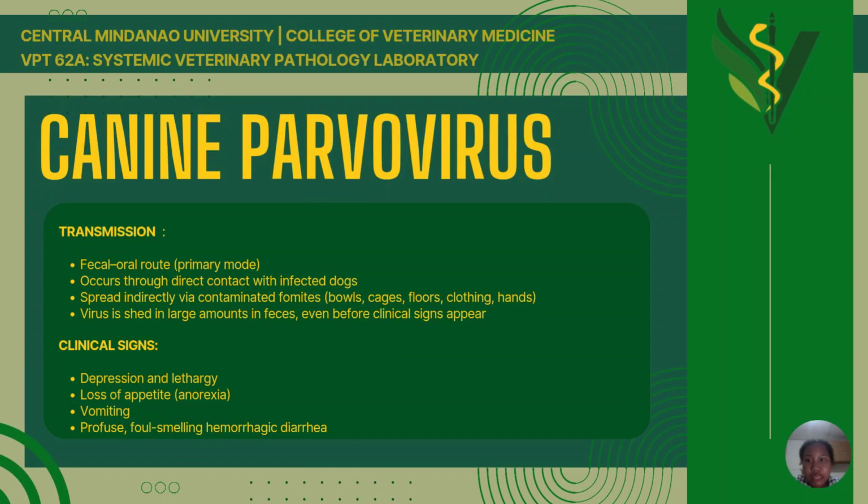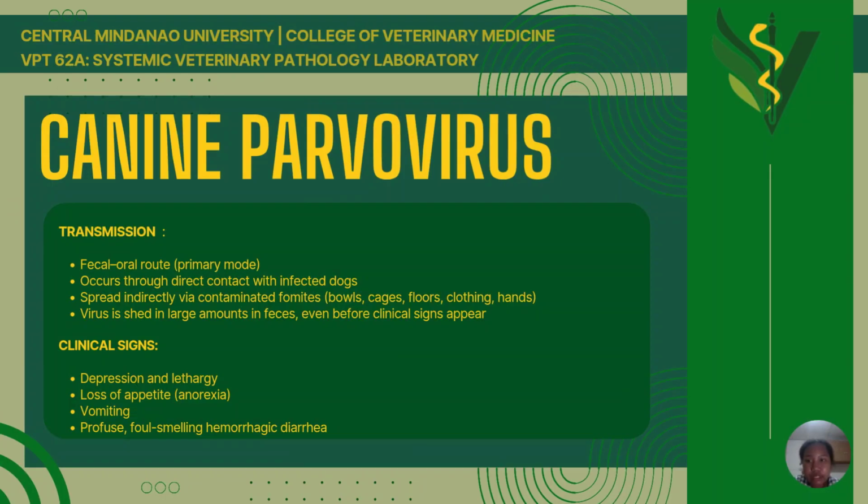Clinical signs include depression and lethargy, reflecting systemic viral infection, inflammation, and dehydration. Anorexia or loss of appetite is also common, followed by vomiting due to irritation and damage to the gastrointestinal lining.